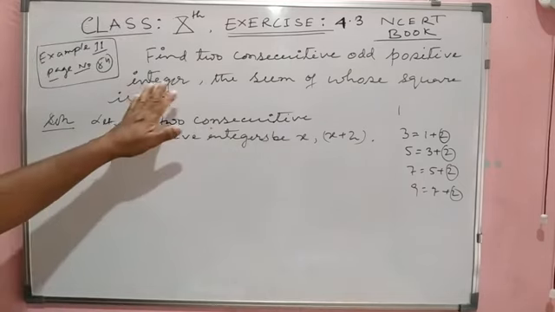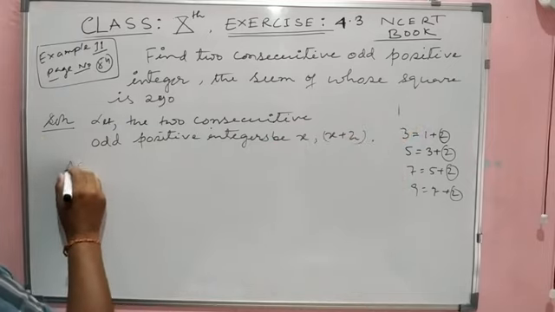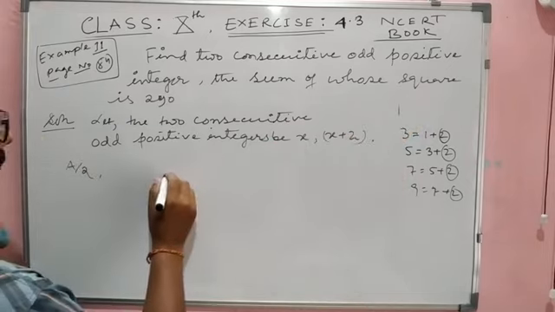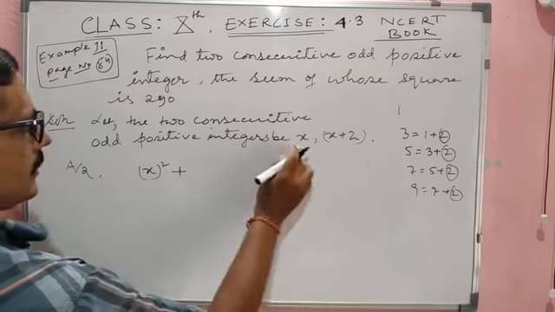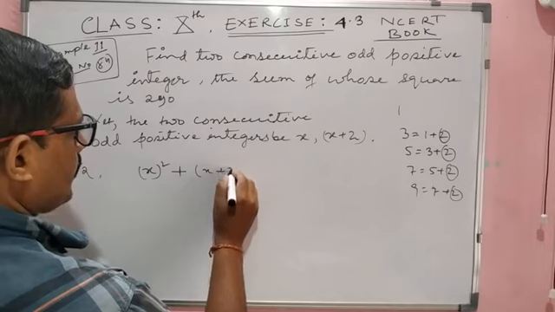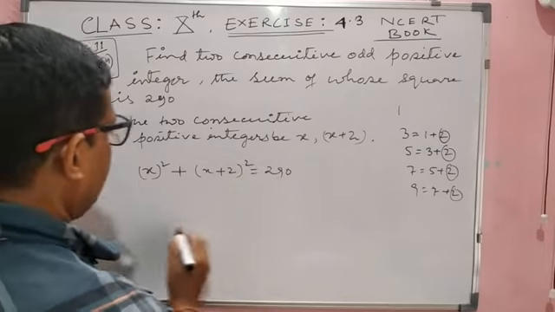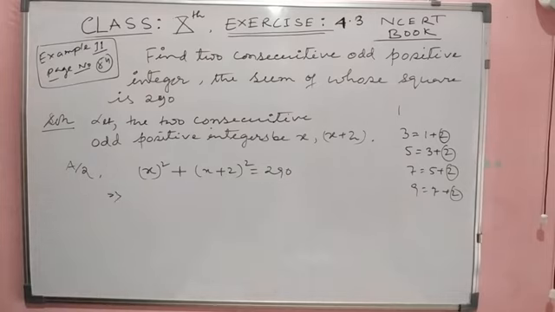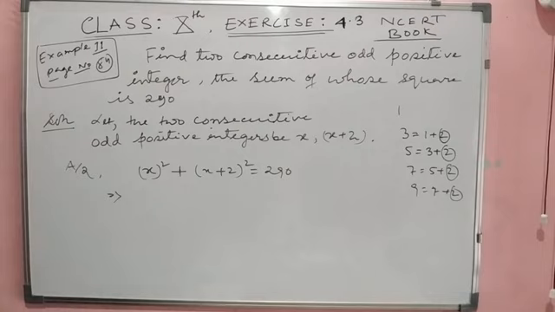According to the question, the sum of their squares, that is x square plus x plus 2 whole square, is equal to 290. The sum of the squares is 290. So now simplify it.